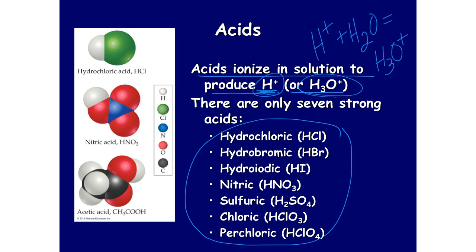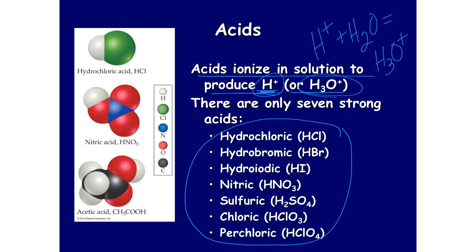So we have HCl, hydrochloric acid, HBr, hydrobromic acid, HI, hydroiodic acid. HF is not on this list. That is a weak acid because it does not ionize fully, because there's a stronger attraction between the hydrogen and the fluorine.